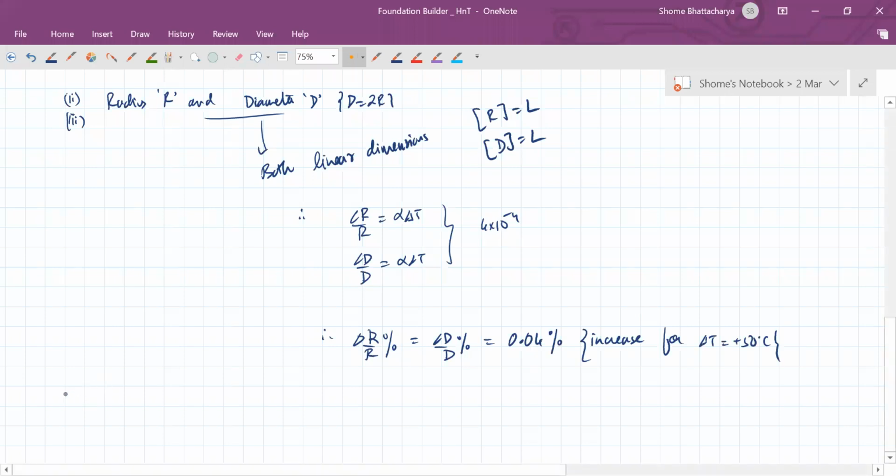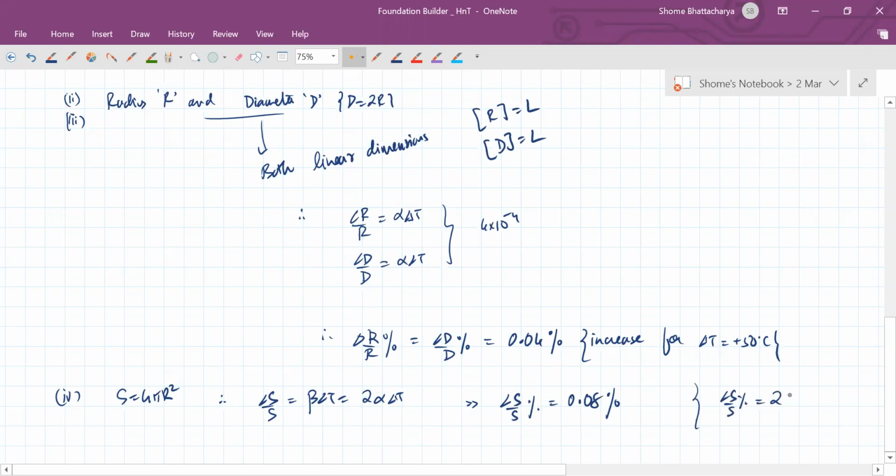Okay. Whereas when we talk about surface area, you can see that this will have this kind of percentage change. So surface area's percentage change will be twice the linear dimension's percentage change because beta is twice alpha.